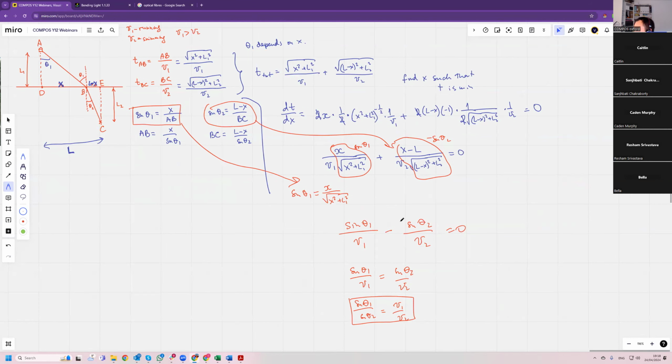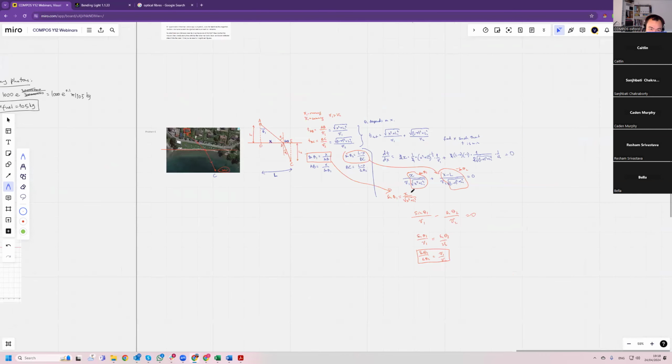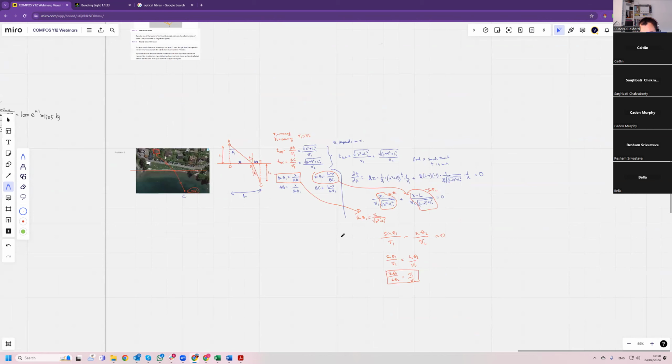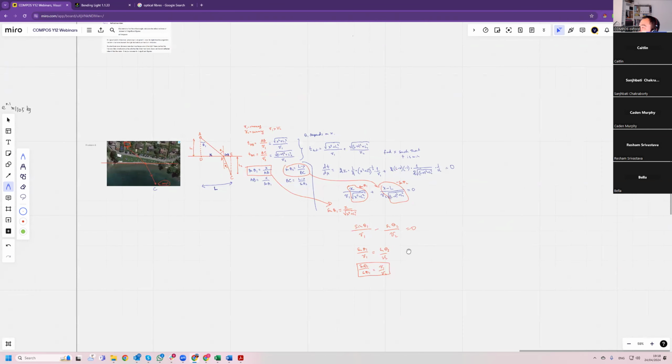Quite cool. And you will have a problem on that. The last problem of the assignment is pretty much the same as this one. So I've just solved one of the problems from the assignment, almost.